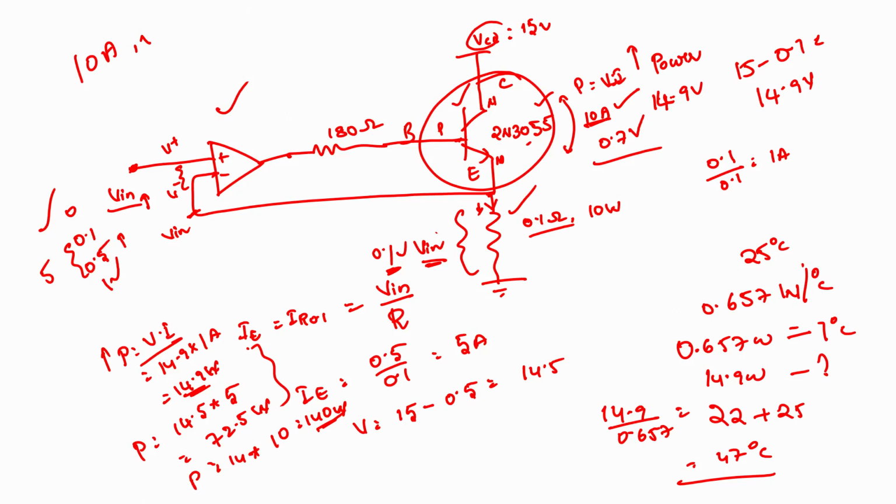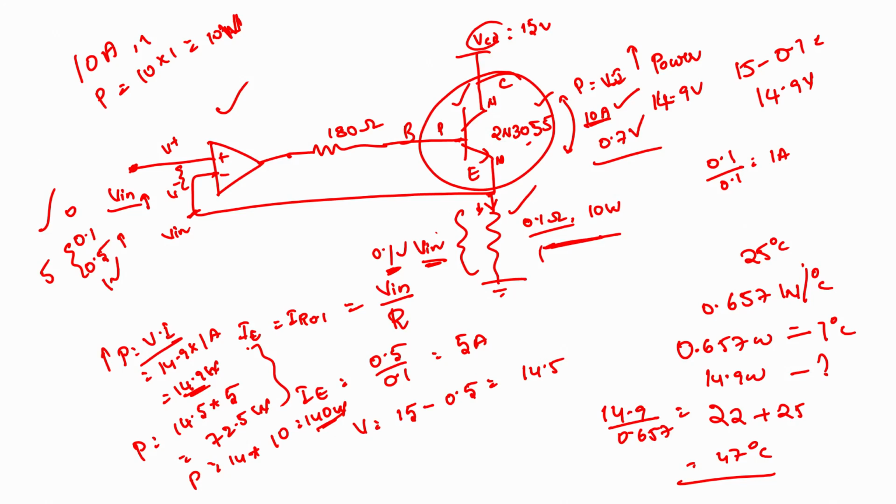So, in order not to damage, the capacity of your resistor should be able to withstand such a higher power. If you want to calculate the power dissipation, the power it can withstand, it is nothing but 10 into 1, which is 10 watt. So, that is the reason we are using a 0.1 ohm 10 watt resistor. If it is possible, try to go with even 20 watt, so that due to the withstanding capability, you cannot even see any kind of heat on the resistor at all.